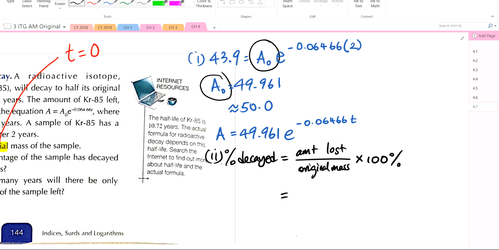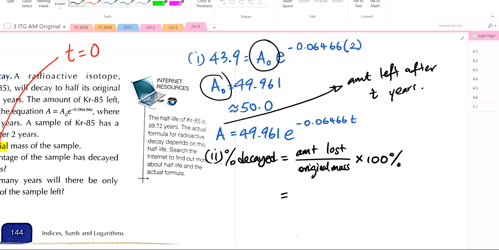T equals to 10. But when I substitute T equals to 10 into my formula, I get the amount left. Right? See this formula over here gives me the amount left after T years. Get it? So how do I find the amount lost?